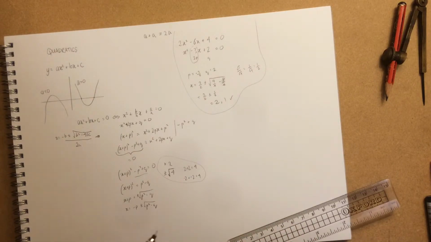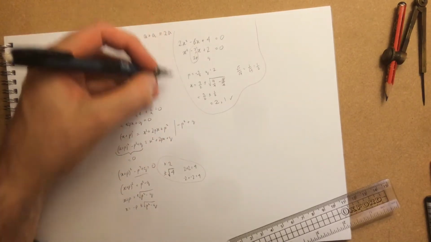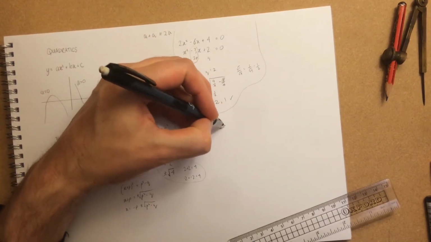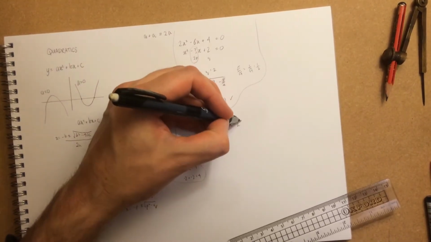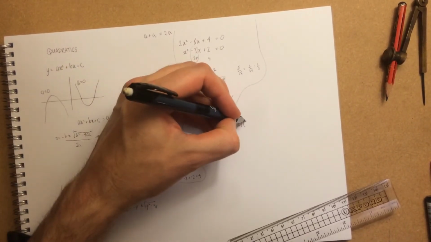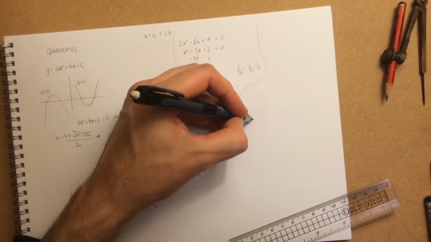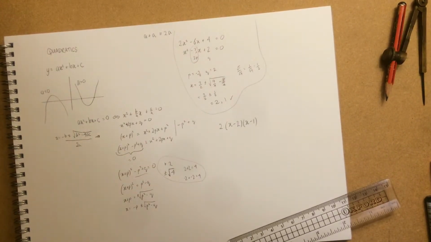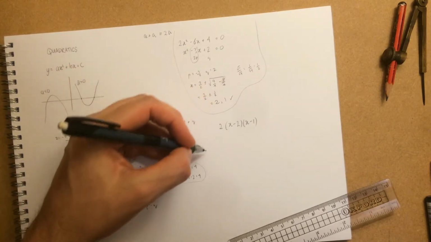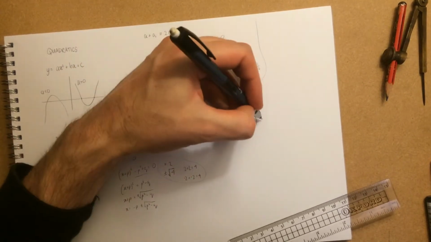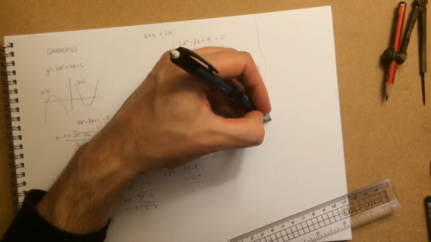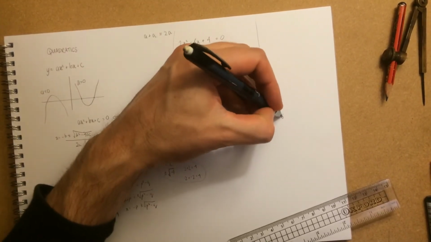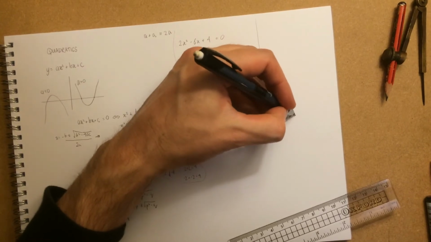So once you have the solutions, you could then write this as 2 times x minus that root times x minus that root. That is going to be the same thing as this, 2x squared minus 6x plus 4.